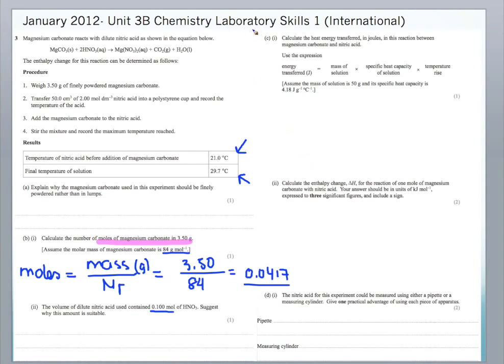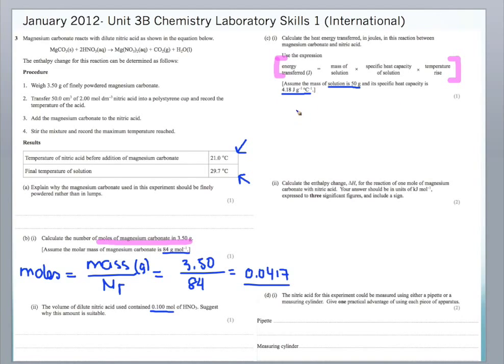Okay, the next question, C1, says calculate the heat energy transferred in joules in this reaction between magnesium carbonate and nitric acid. We are given this expression here. We don't need to learn it, you'll always be given it. The energy transferred in joules is equal to the mass of the solution times the specific heat capacity of the solution times the temperature rise. We are given that the mass of the solution is 50 grams and the specific heat capacity is 4.18.